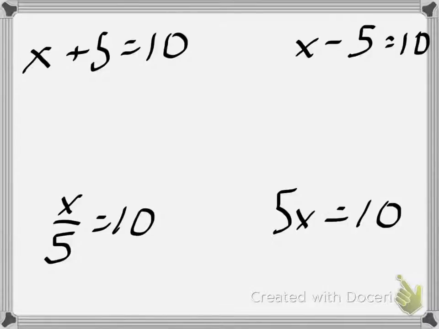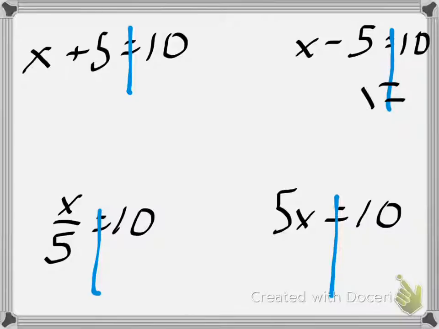If I did all these problems, I'm simply going to divide them with the equal sign, and I want my variable by itself. That's the same for every single equation that we're going to have here, our variable by itself.